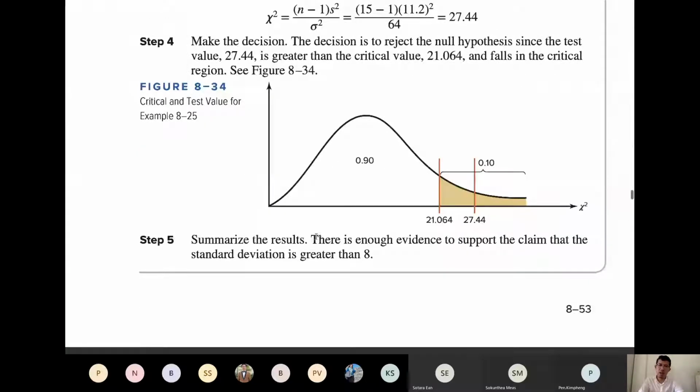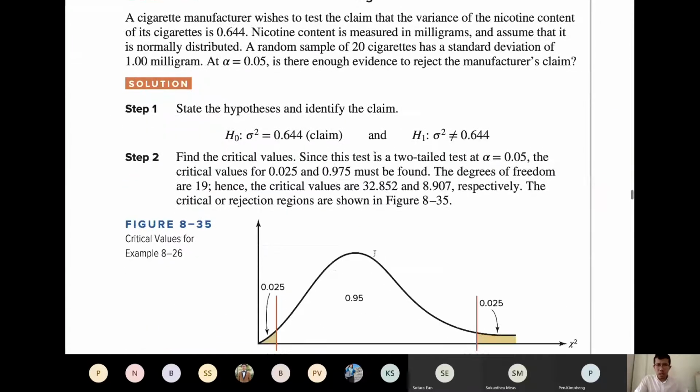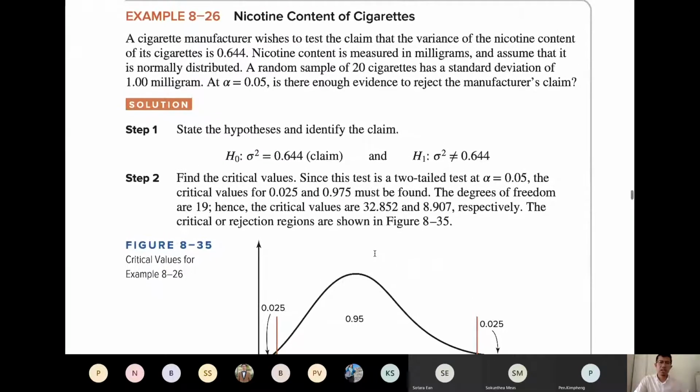So that's why we come up with: there is enough evidence to support the claim that the standard deviation is greater than 8, right? Greater than 8. Okay, and this is an example of a two-tailed test.